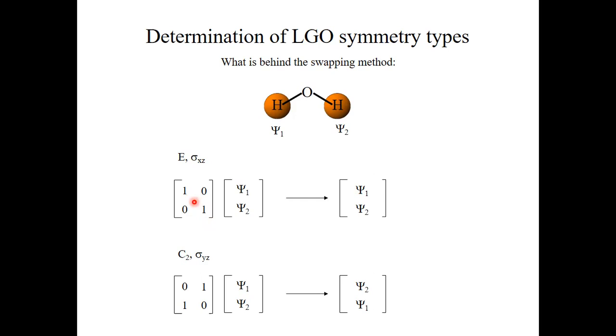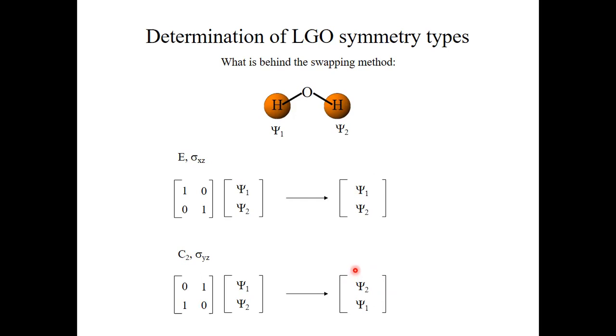So now for the other two symmetry operations, the C2 and the sigma YZ, well, the orbitals are getting swapped up. So your final matrix is psi2, psi1. So what is now the matrix representing the symmetry operation? It is this matrix here, 0, 1, 1, 0, because with the multiplication rules for matrices, you can show that when you multiply this matrix with the original matrix, this gives you the final matrix, the correct final matrix.